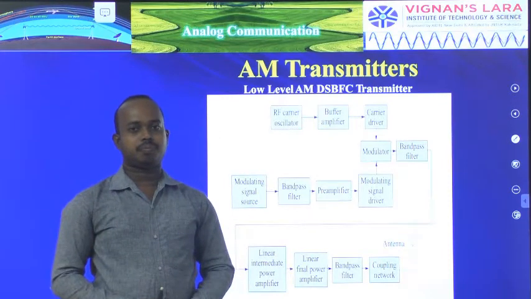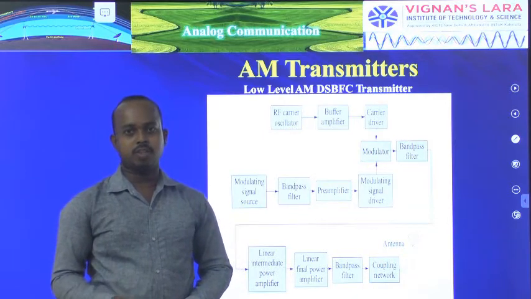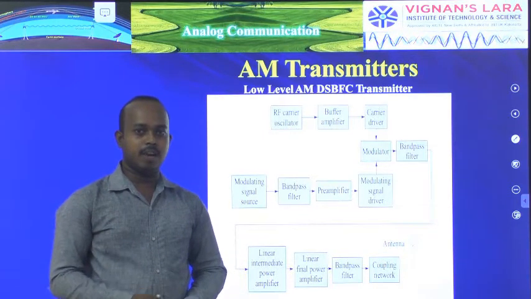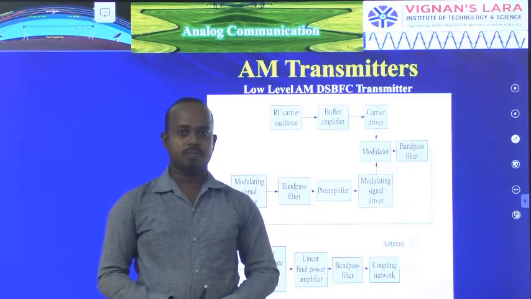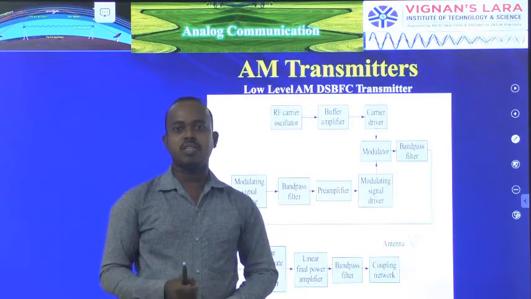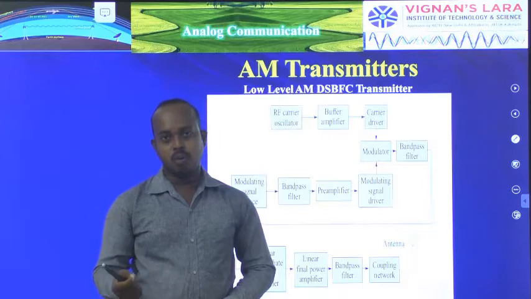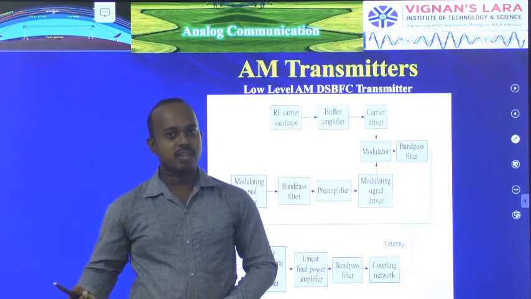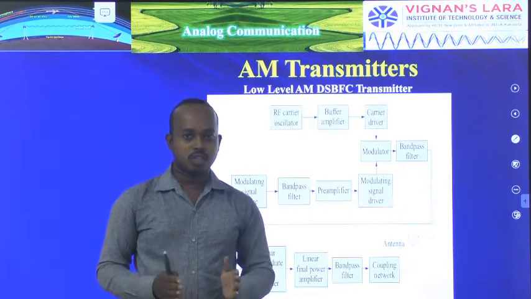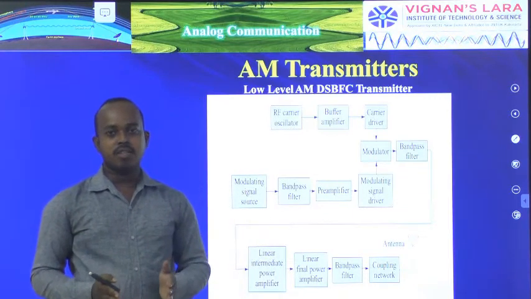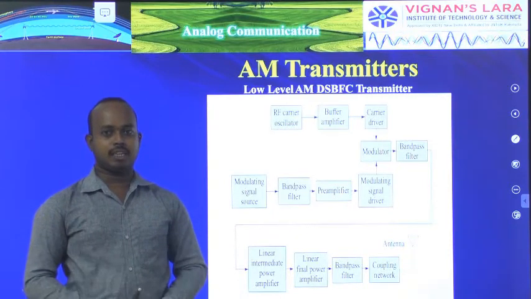Amplitude modulation. You already know the definition: the modulating signal never changes, but the carrier is changing. The carrier signal changes its instantaneous values with respect to the modulating signal. You can simply remember that the carrier signal changes its characteristics based on the modulating signal.